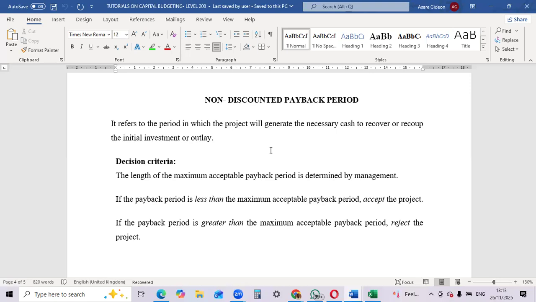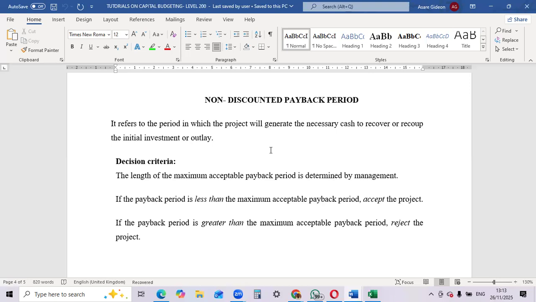Now, on the flip side, if management has decided that by the end of the fifth year you should be able to pay off the initial investment, and looking at the evaluation we are not able to do that, then it means it shouldn't be a project that we accept.